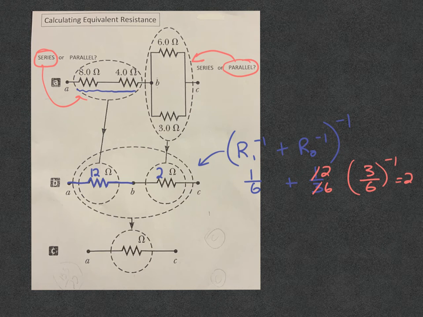Let's keep going. Now, if you ask yourself, what kind of circuit do I have between A and C? Well, that's now a series circuit, because I just have a 12 ohm resistor and a 2 ohm resistor. Those are the equivalents of the previous sections. And so what I can find out pretty easily is that the total resistance from A to C is 14 ohms.